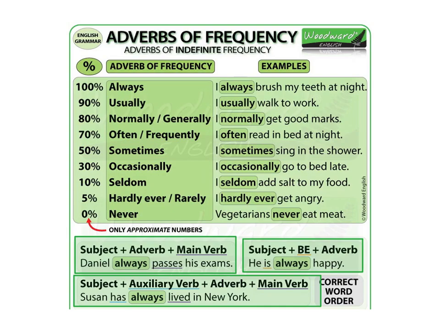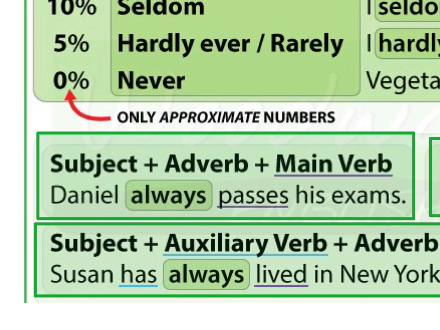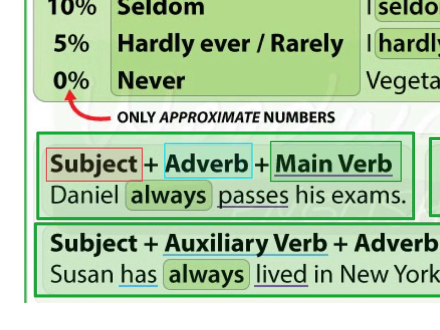So as we look at these one more time, we see here the type of sentence that has the subject and an action verb. So here the adverb of frequency goes right after the subject and right before the main verb.